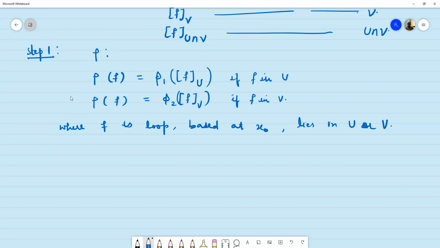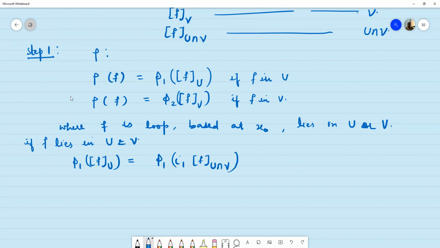Now we have to prove that this mapping is well defined. If f lies in both U and V, that means it lies in the intersection of U and V, then what will happen? Then phi 1 of f_U is phi 1 of I1 of f_{U intersection V}. Why can we write this?